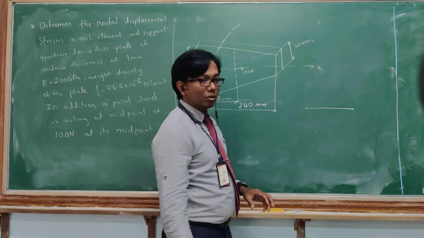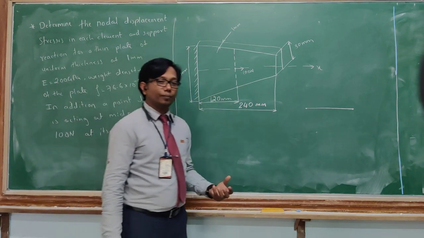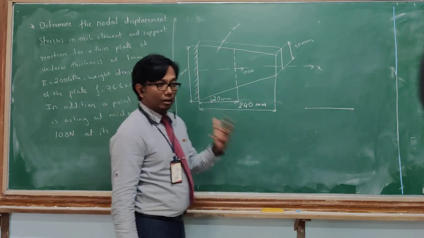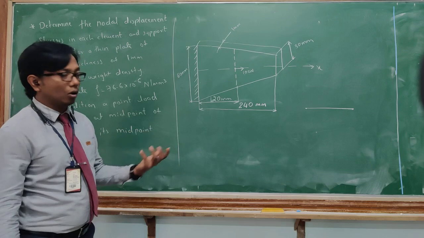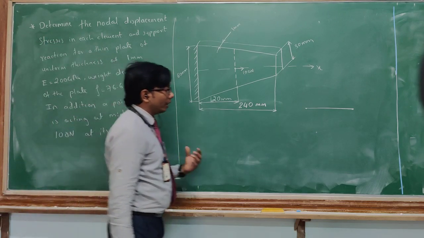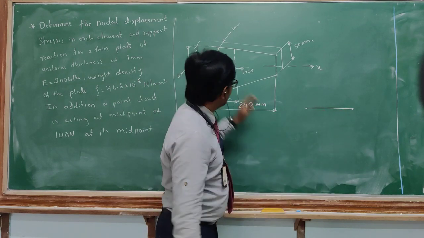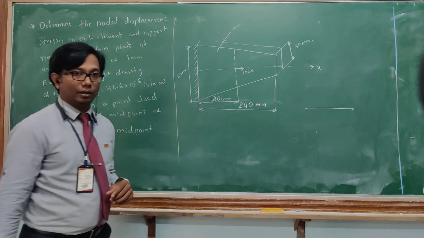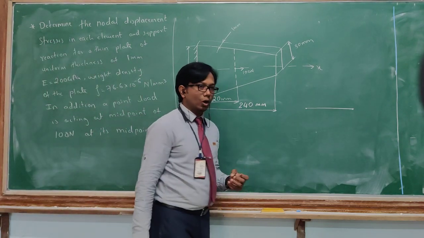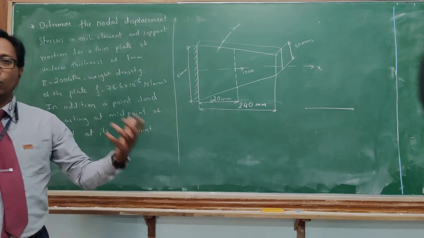So this is an approximate solution which will be done by FEM if I want to use a 1D bar element. Otherwise, in the computer you have the provision to solve the tapered bar using a 2D element, but with a 1D bar element we don't have the provision to solve the tapered bar directly, because in a 1D bar we are interested in finding the displacement only in one direction.